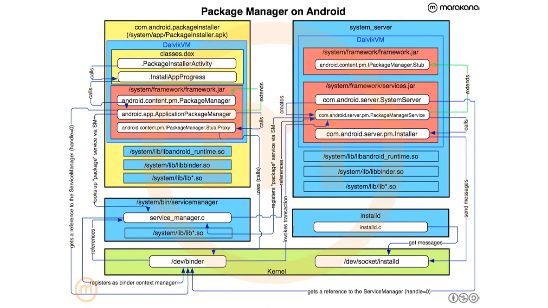Now, why didn't they simply do all of this in system server? If they wanted to, they would have had to run the system server as root, but running it as root would have made it extremely easy to find a way of compromising an Android device, exploiting some sort of weakness and gaining root. Basically, the system server is way too big. Its surface area is way too large, so there would be many different ways of trying to exploit it.